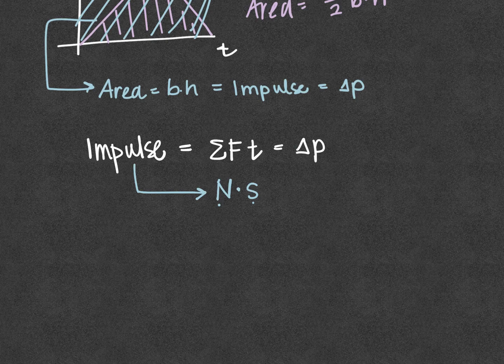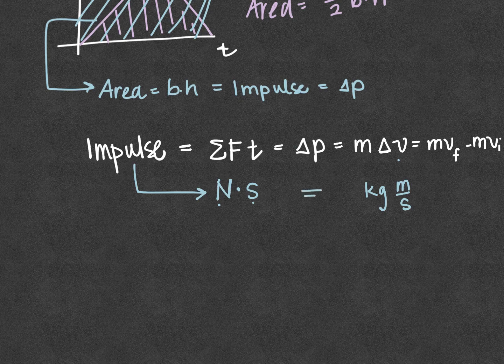Change in momentum is mass times change in velocity, or mass times final velocity minus mass times initial velocity. In this case, mass is in kilograms and velocity is in meters per second. So if impulse is our change in momentum, then these two units must be equal to each other.